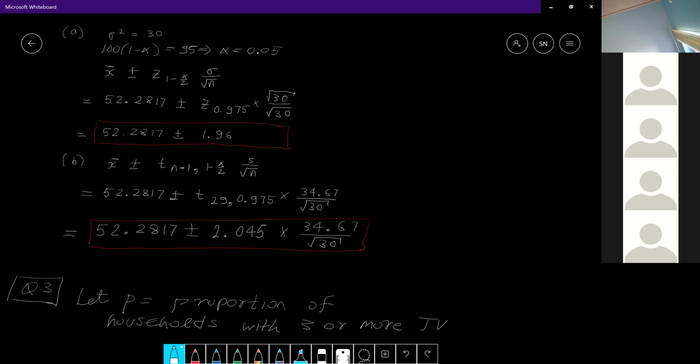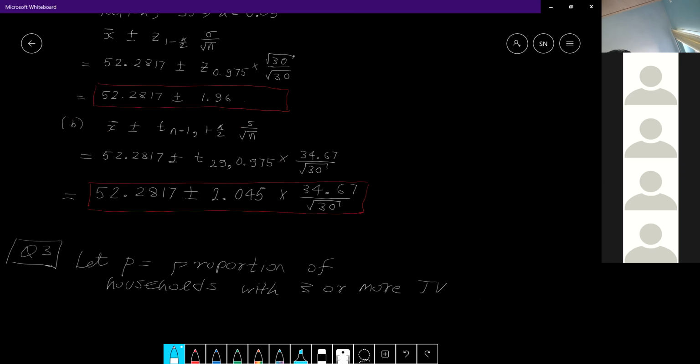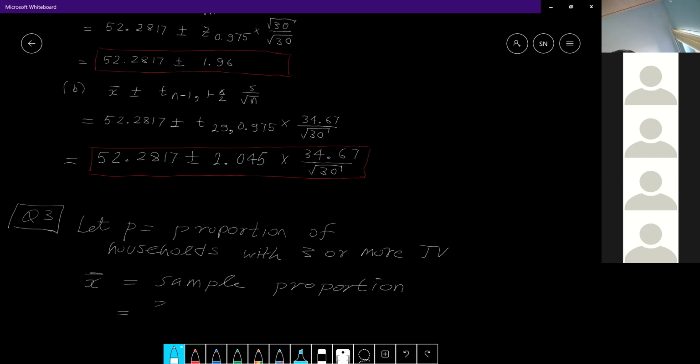All right, so we want to find a confidence interval for P. You're told that out of 500 households, you have 80 that were found to have 3 or more televisions. So the sample proportion, X bar, remember X bar denotes the sample proportion, is equal to 80 divided by 500.